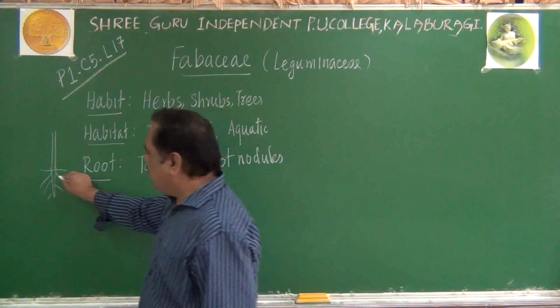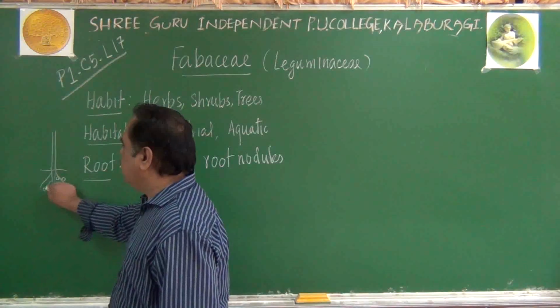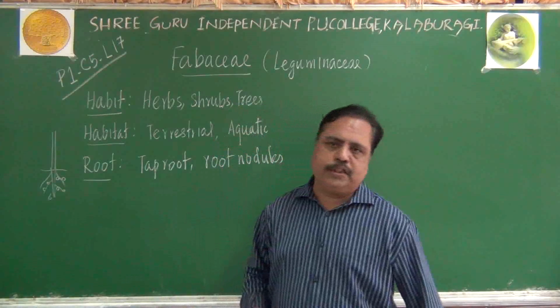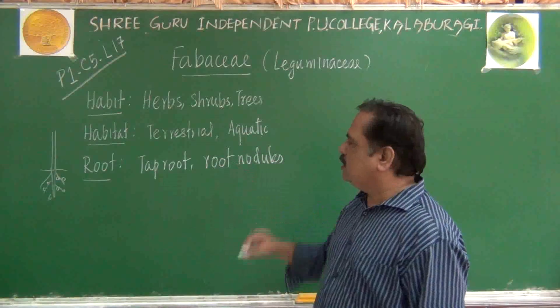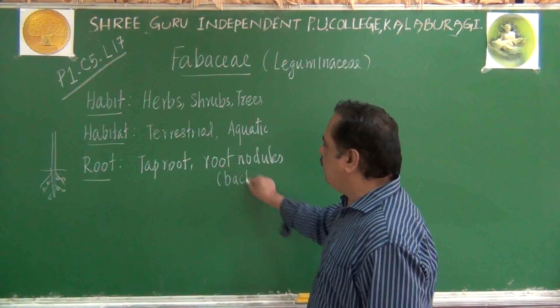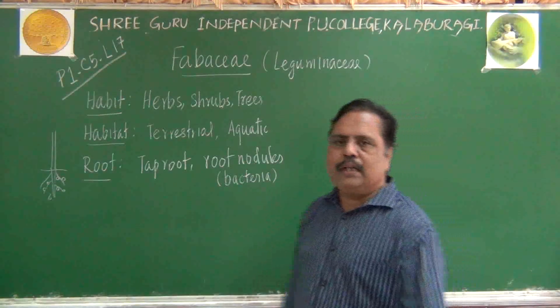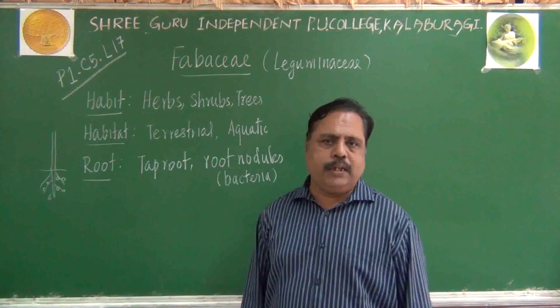These roots will be having nodule or bag-like structures here. That is called root nodule. Inside this root nodule, some bacteria will be living here. So they are called bacterial root nodule.